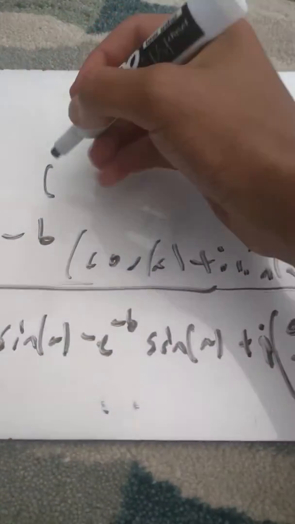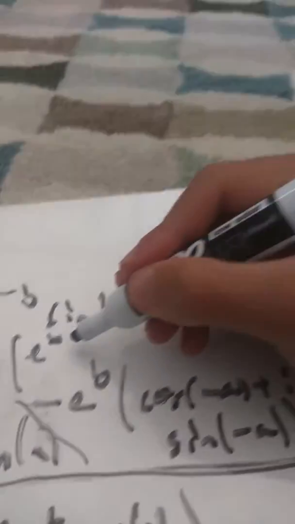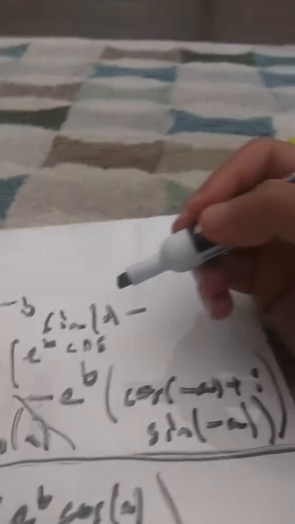So, to multiply this by the conjugate, so e to the b sine a, with parentheses over here as well, minus e to the negative b sine a, and then we have minus i times e to the b, there it is, cosine of negative a is cosine a, so cosine a, and then plus e to the negative b cosine a.